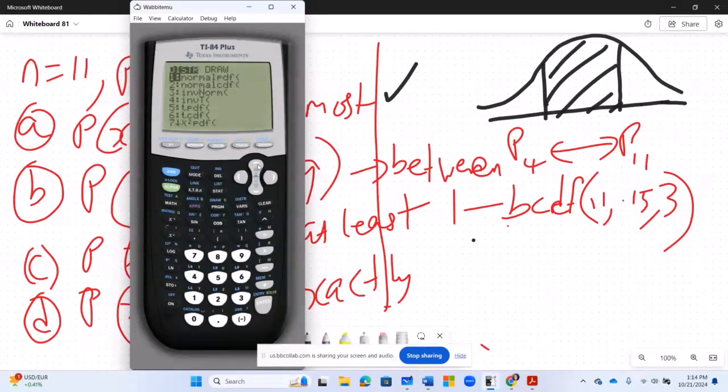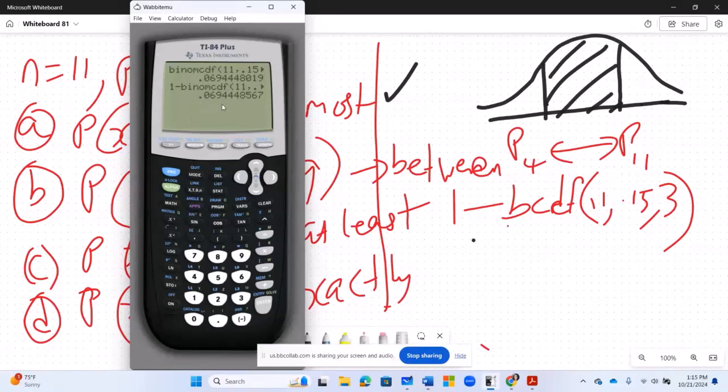So this is an at least question in binomial distribution. In an at least question, you do the complement rule. And why should 3 be here? Because 4 is included in the question. I cannot subtract 4. All right, so I will paste. Then I will get an answer. I want you to know that I'm doing 1 minus.